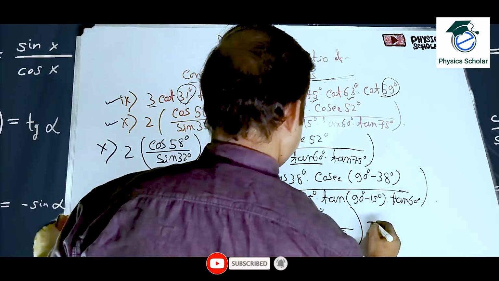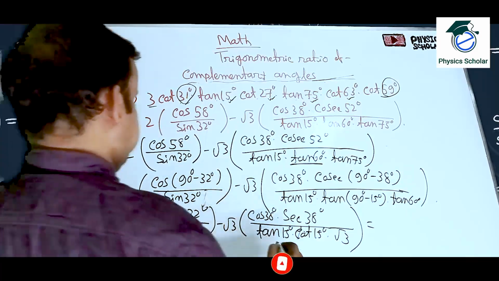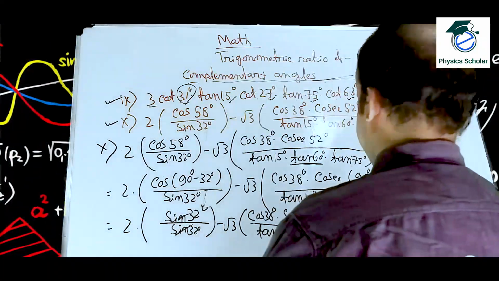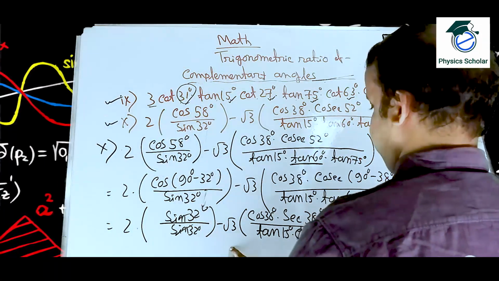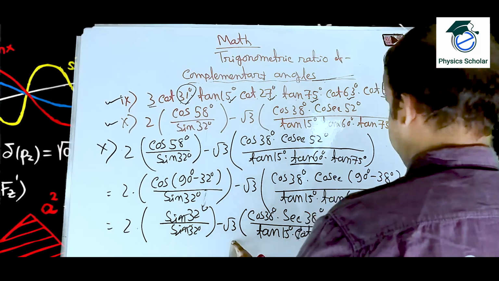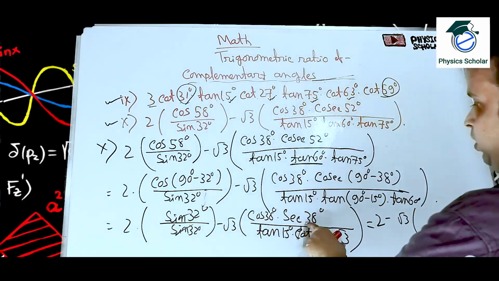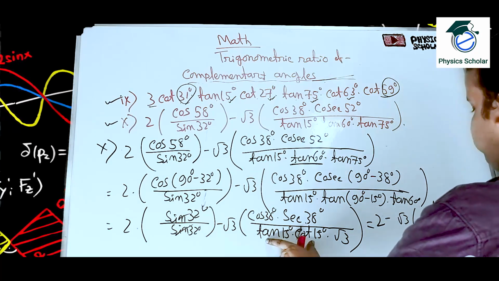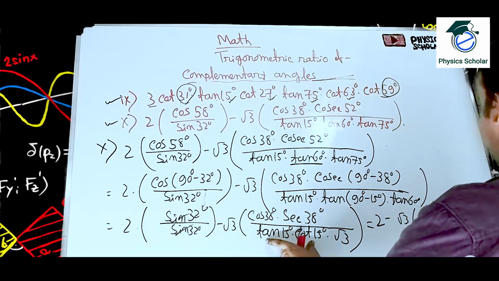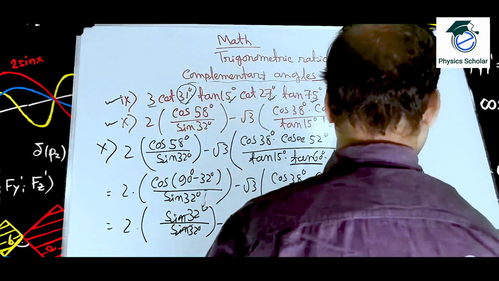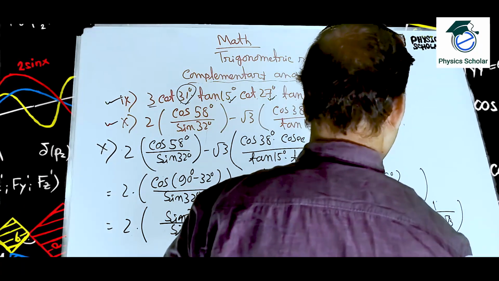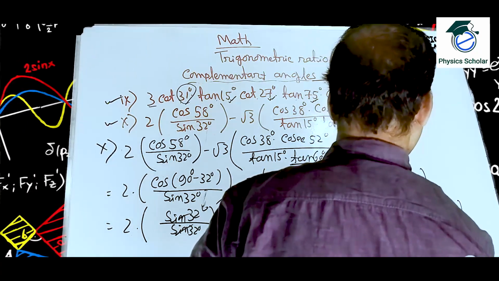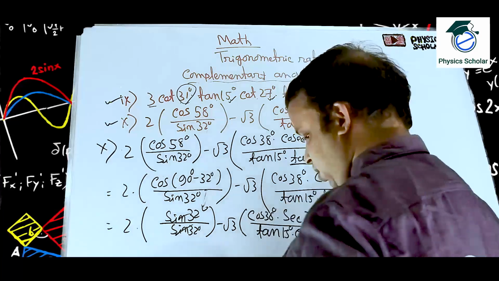Clear? The tan 60 degree value is root 3. So this will be cancelled. So 2 minus, root 3 into cos theta into sec theta means 1. So 1 divided by tan theta and cot theta means 1 into root 3. Root 3 will be cancelled. So 2 minus 1 is equal to 1. So that will be your answer.